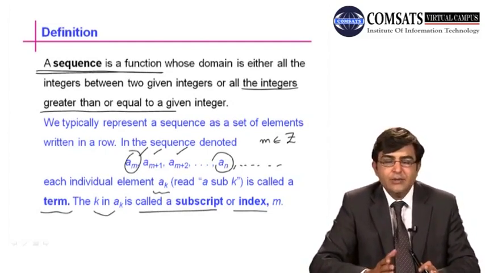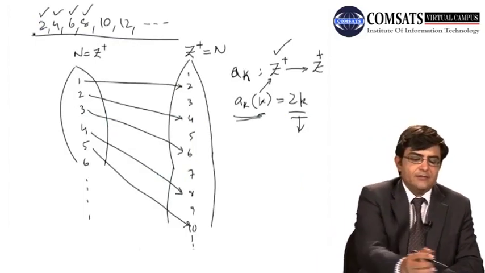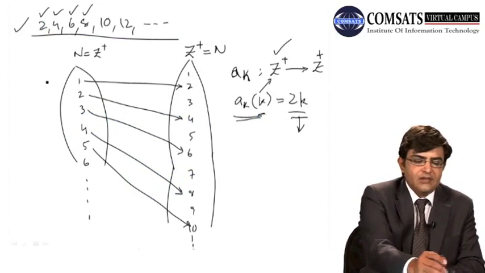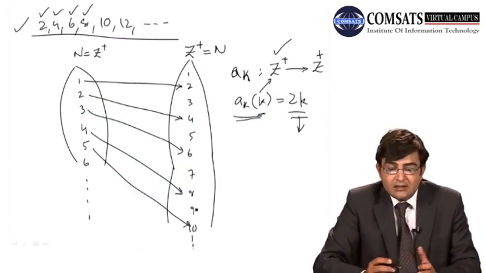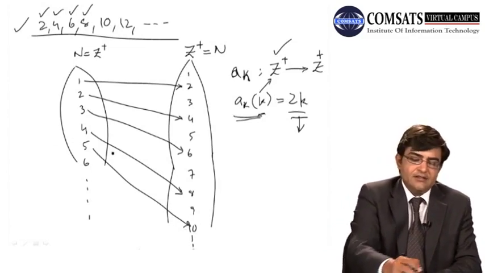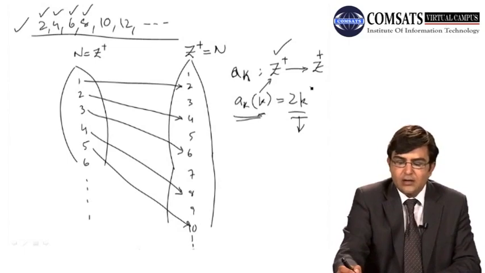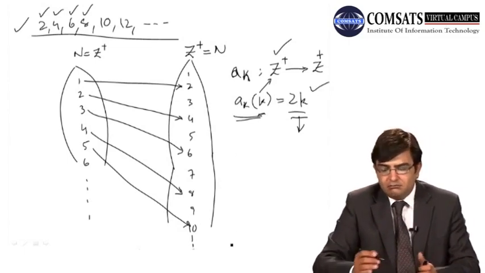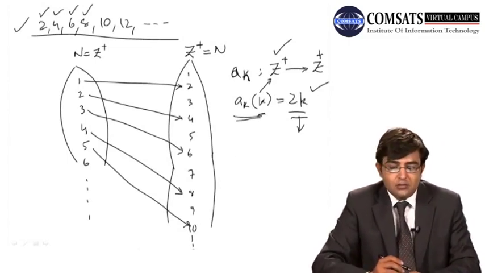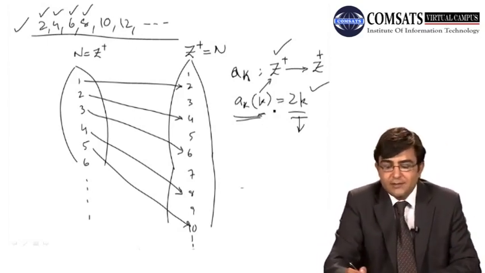In this sequence, I have guessed or judged that the domain of the sequence should be natural numbers, and we can define a formula which could express the relation between the elements of domain and range.